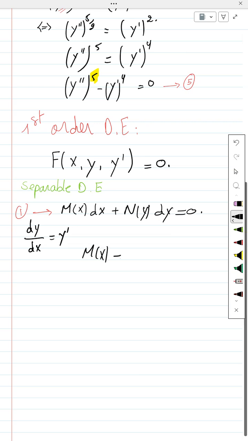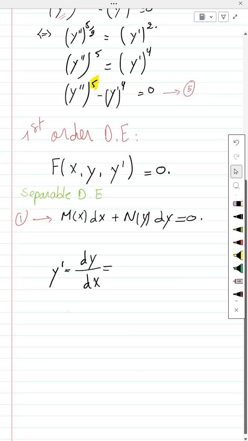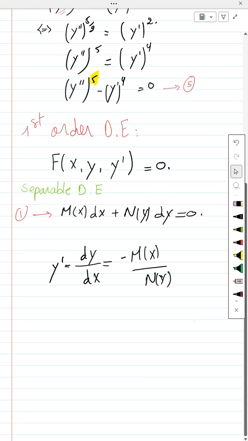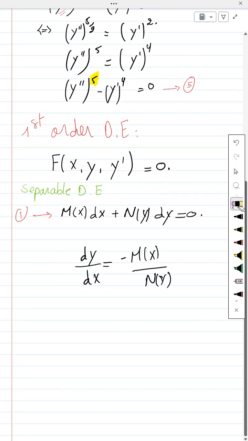Let's see it as a derivative, dy over dx, the first derivative, which is equal to minus M(x) over N(y). Yes, this is another way you can see it.